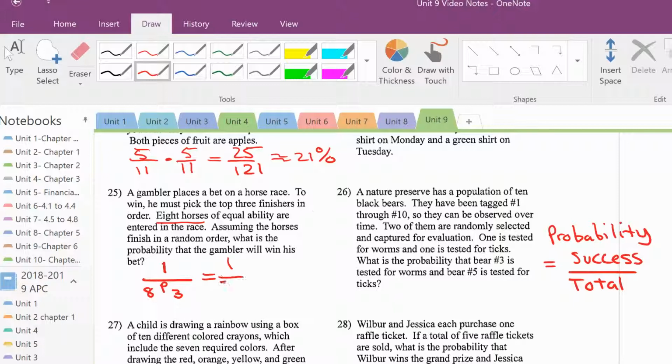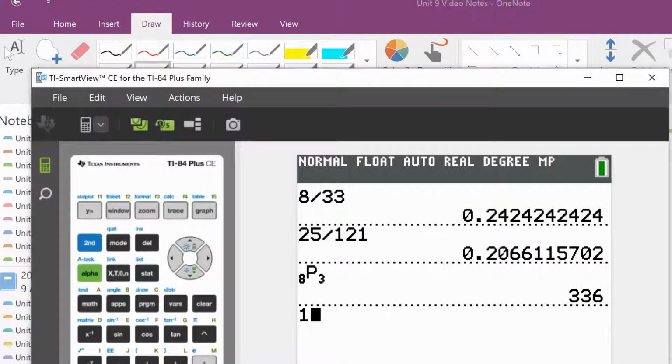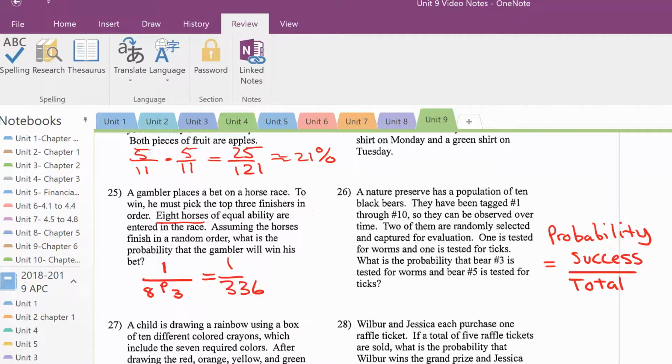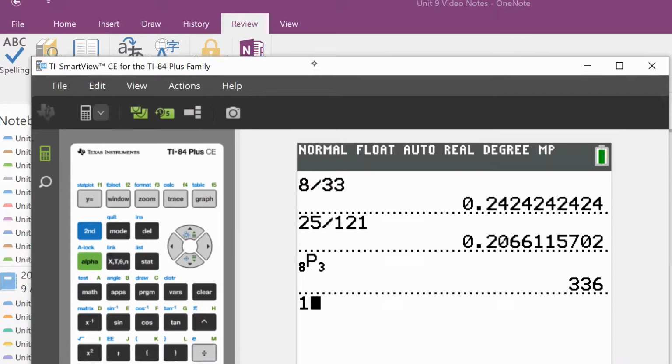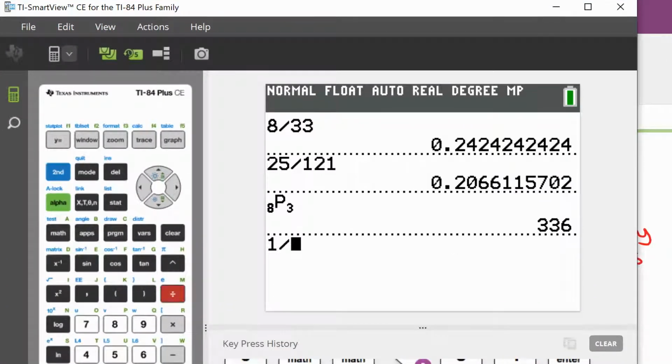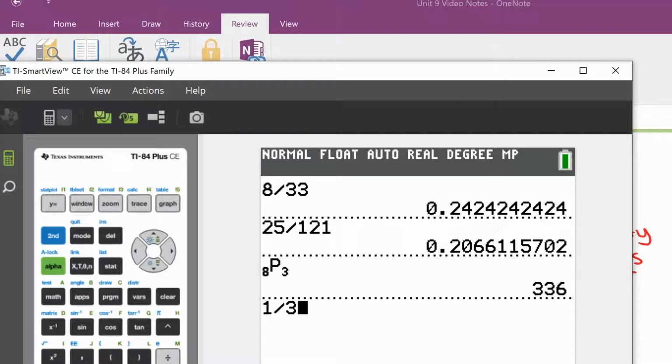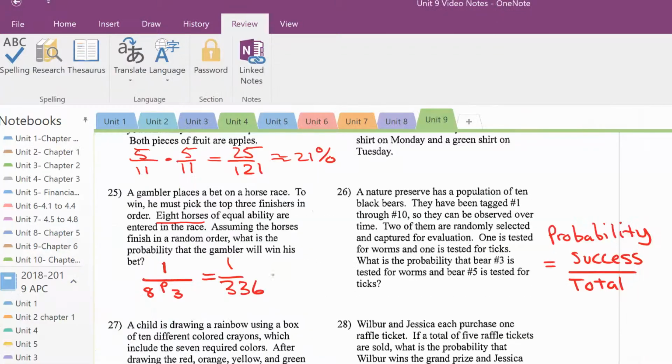So it's 1 out of 336, which as a percent is 0.29% or 0.3%. So not a very high chance that that happens.